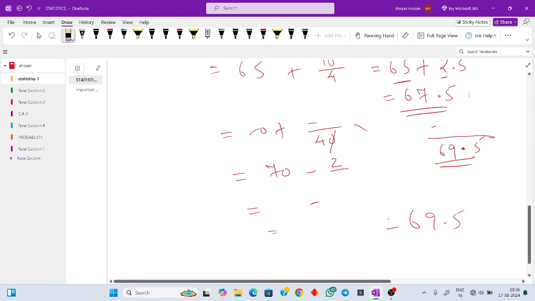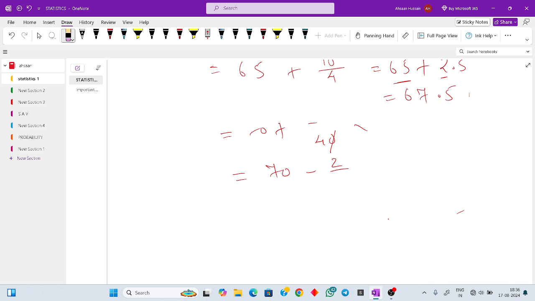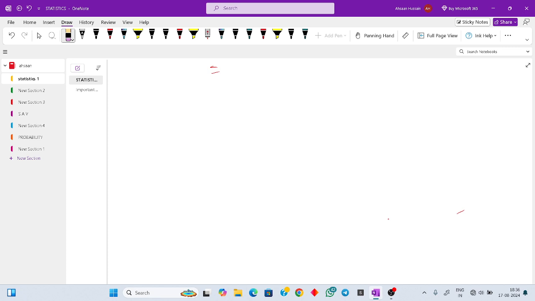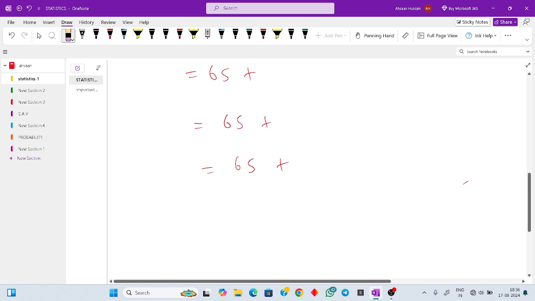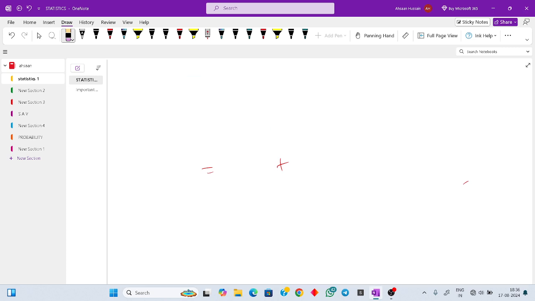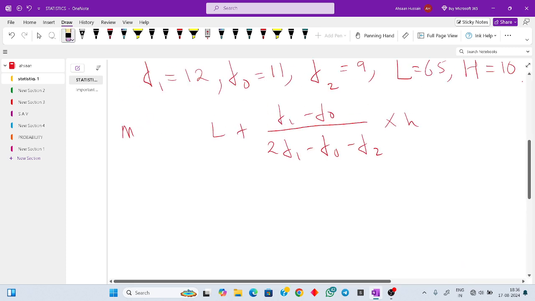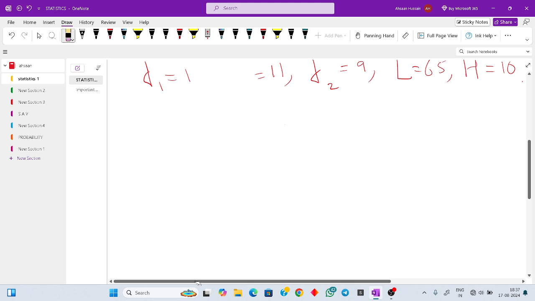Now let's find the median. So the basic understanding of median is that median is the middlemost value, right? So first of all, we'll obtain, wait, let me raise this question.